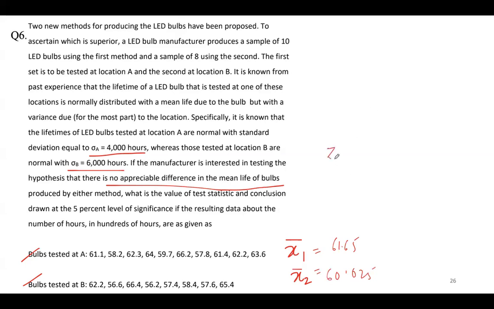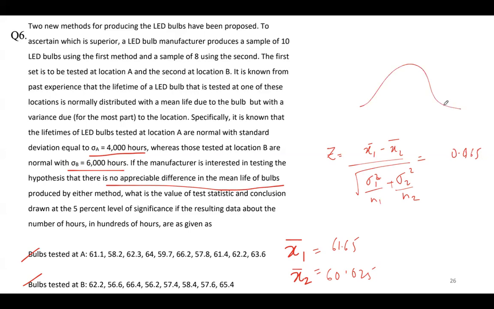And you remember this thing right here: x1 bar minus x2 bar divided by the root of sigma 1 square by n1 plus sigma 2 square by n2. If you solve this, it's going to be 0.065.